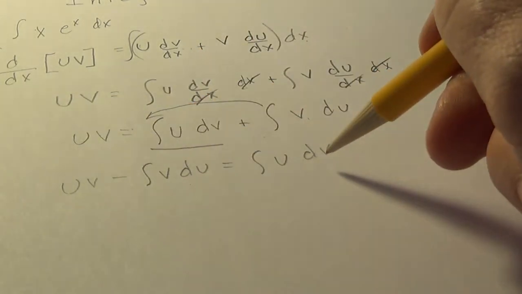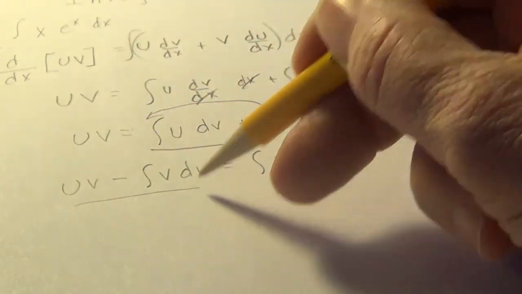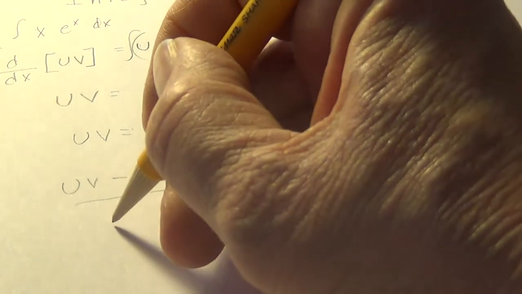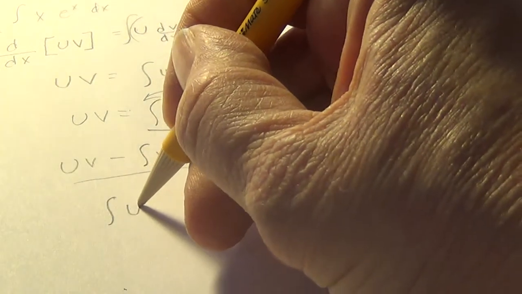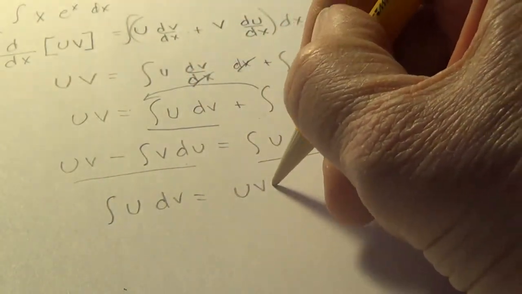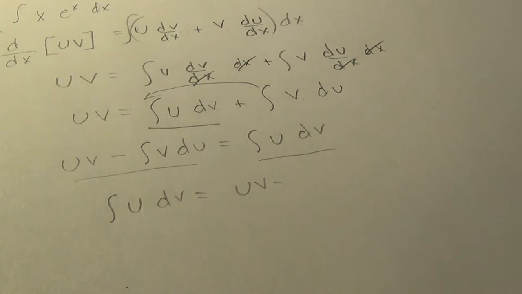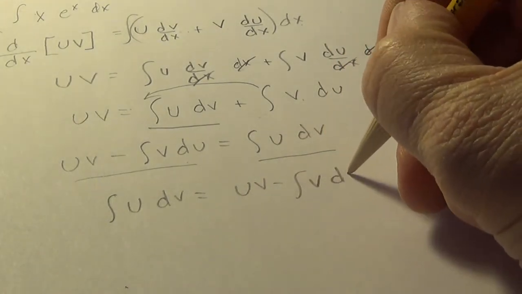Now, that's actually the rule, but it's in the wrong order, so I'm going to exchange this side with this side. When I say wrong order, it's not in the most helpful order. The integral of u dv equals uv minus the integral of v du.